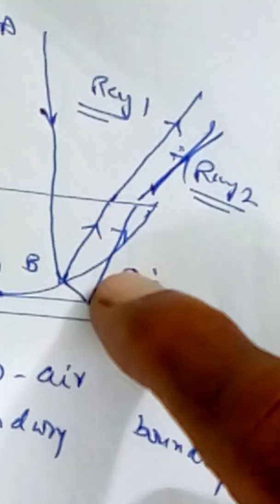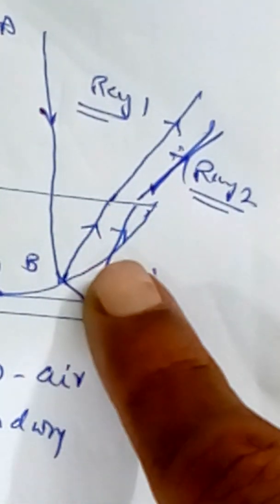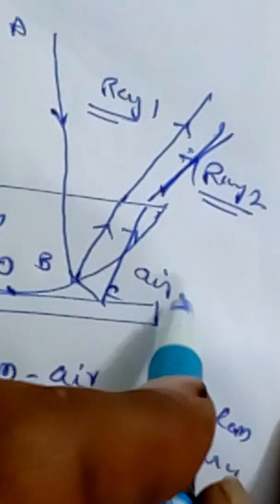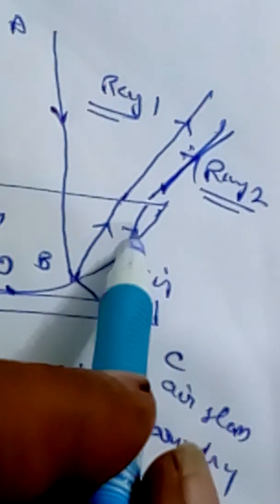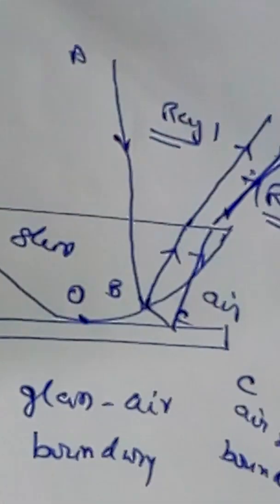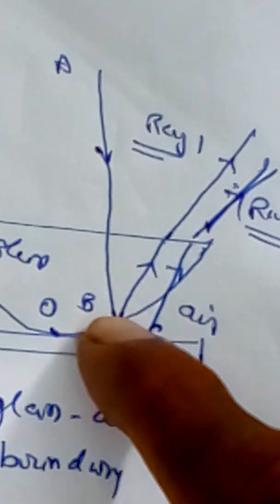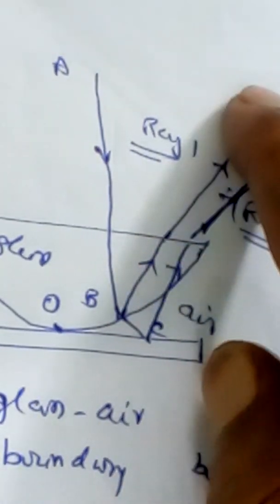Because there is a change of medium here, there is an additional phase change of pi, or a lambda by 2 path change. So this is how it gets reflected. Whenever a monochromatic light is incident, at the glass air boundary it is reflected back and emerges out.